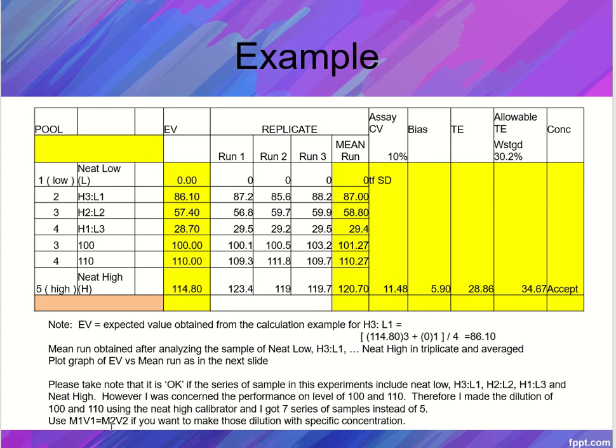If you want to make those dilutions with specific concentrations, for this example I have 7: one low, 1 2 3 4 5, and an additional 2, so 7 concentrations, and I run them in triplicate, and these are the results. So remember, you need to calculate the expected value yourself from the calculation. For this example, the neat low value given in the insert is 0, so of course the expected value is 0, not 100.